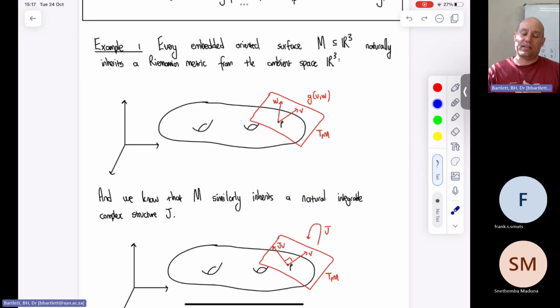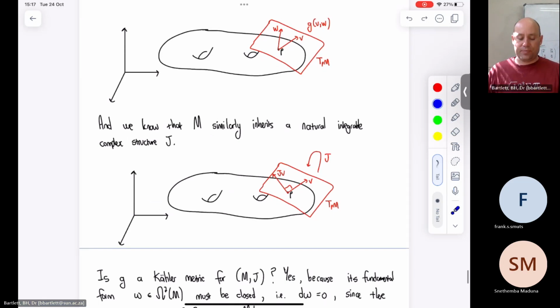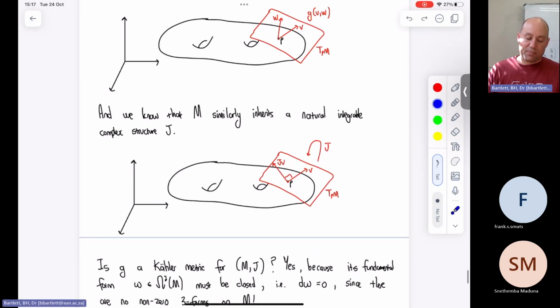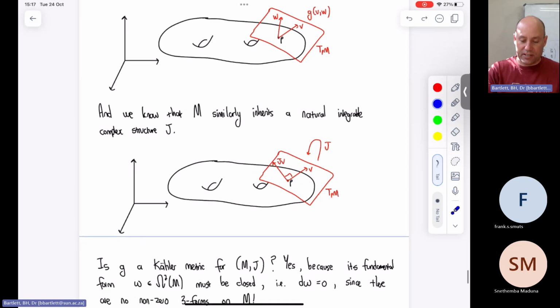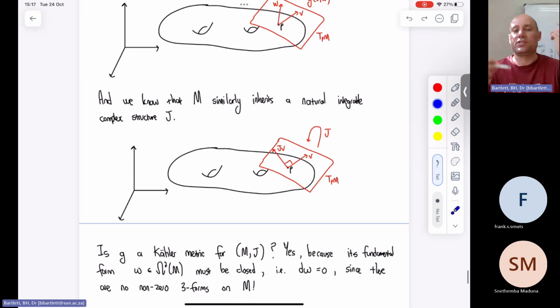The other thing I have to check is that its associated fundamental form is closed, right? The fundamental form of this G is going to be a 2 form on the manifold. And that 2 form has to be closed because its derivative will be a 3 form, and you don't have a non-zero 3 form on a 2-dimensional manifold. So it's just closed for dimensional reasons.